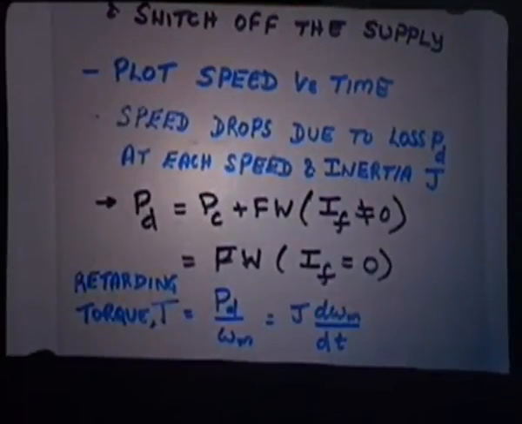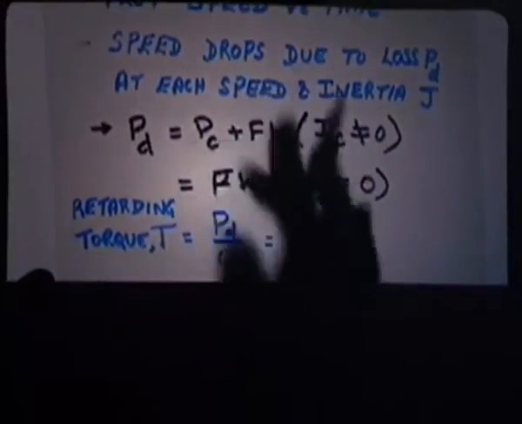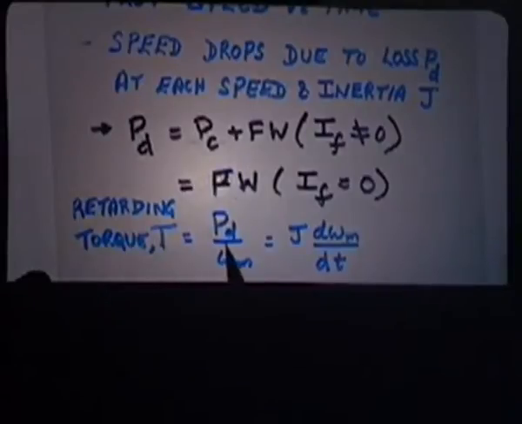Now while retarding, the torque will be equal to the power at each speed, retarding torque is different, that is the friction power or the power under retardation divided by the speed, which is equal to J d omega m by dt, where d omega m by dt is the slope of omega m with t, how the speed drops with time at that omega m.